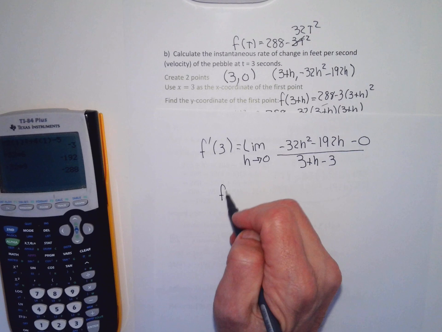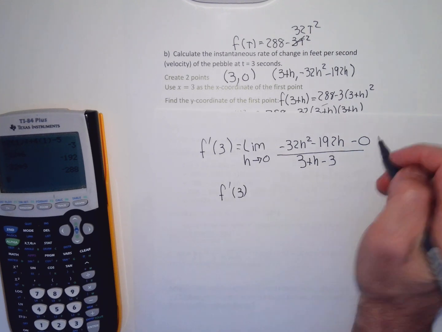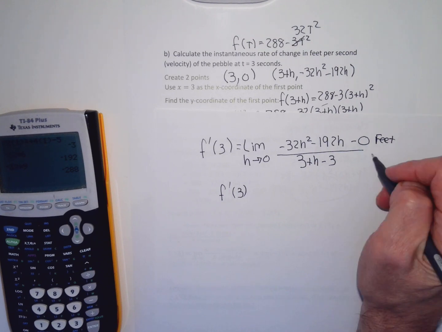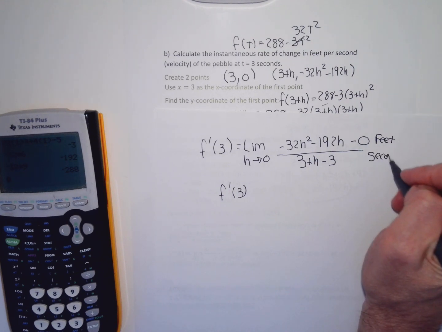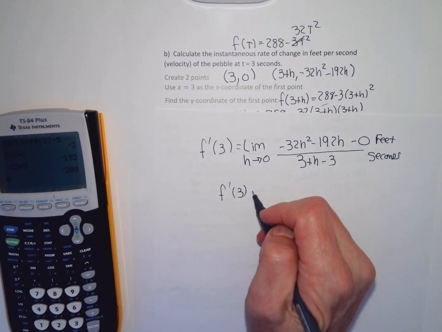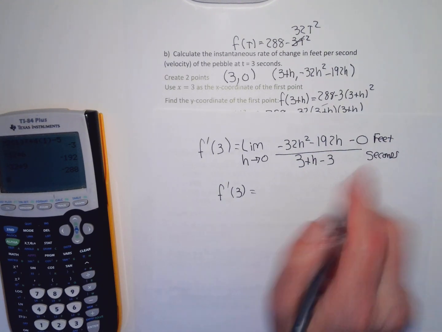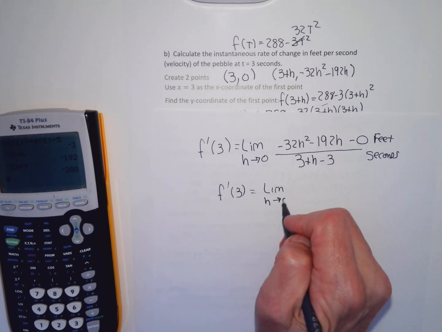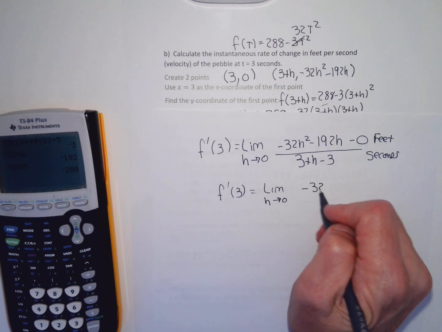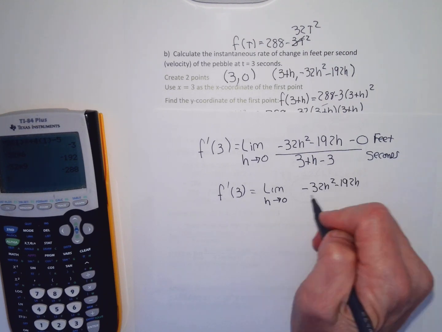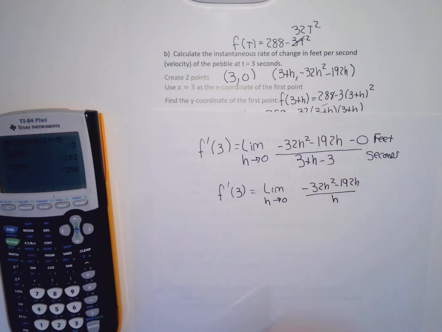So the instantaneous rate of change in this numerator is going to be the difference in the height in feet. The denominator is the difference in time in seconds. The instantaneous rate of change in feet per second, that's going to be its exact speed at 3 seconds, is negative 32h squared minus 192h. That's what the numerator simplifies to. The 3's cancel on the denominator and I just get h.